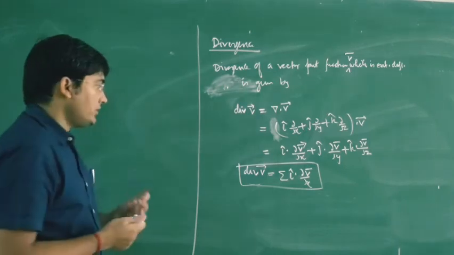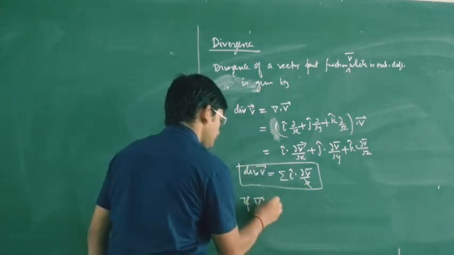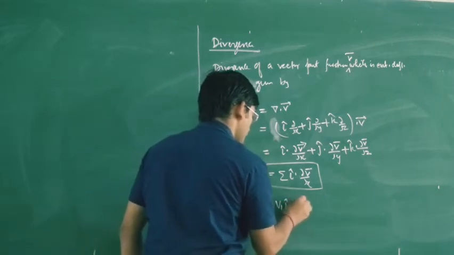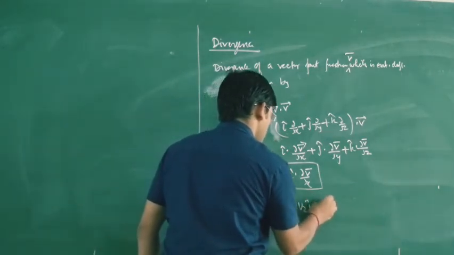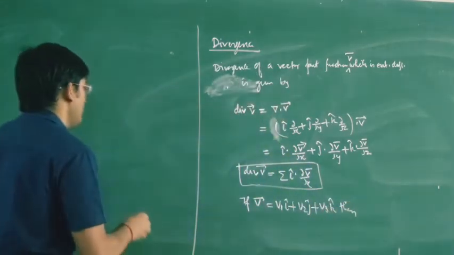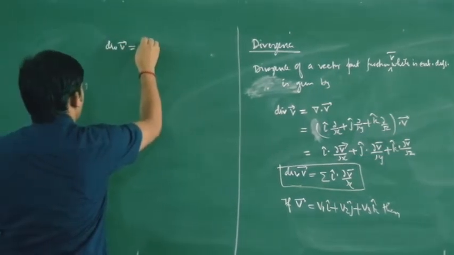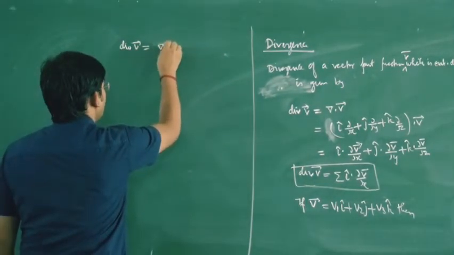Now if you write v in the component form, if v equals v1 i plus v2 j plus v3 k, then divergence v is equal to del dot v.